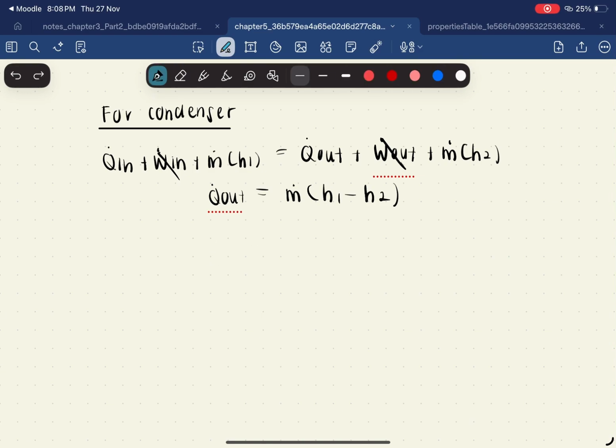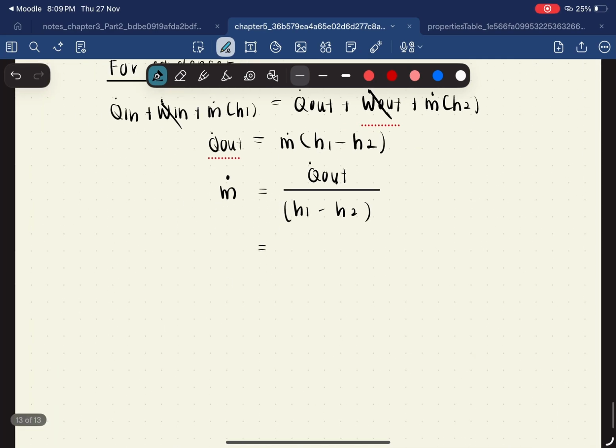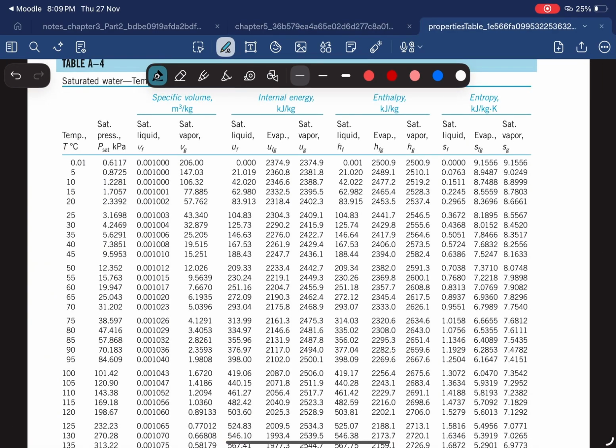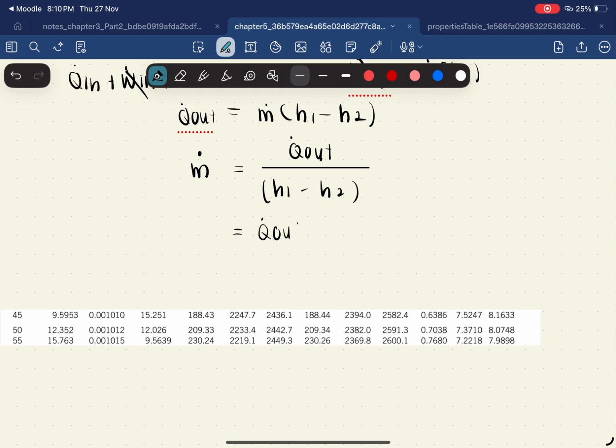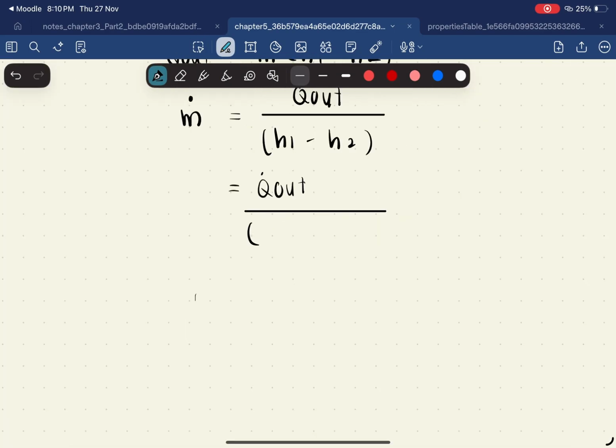We focus on the condenser equation, where we can find the mass flow rate of the steam. In order to get it, we must divide Q outside over h1 minus h2. To get the values of internal energy 1 and 2, we can refer to table A4. The temperature given for these cases is 50 degrees Celsius, going inside and outside.